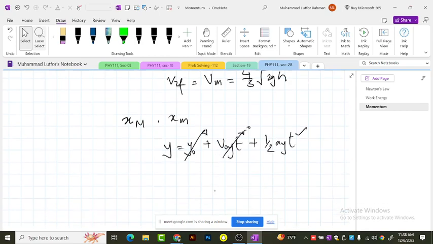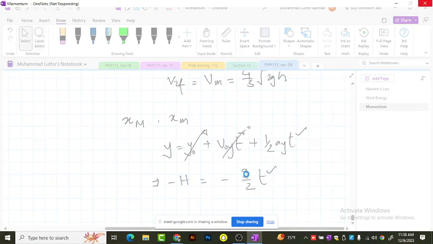Then I can write this should be simply minus capital H equal to minus g by 2 into t square.